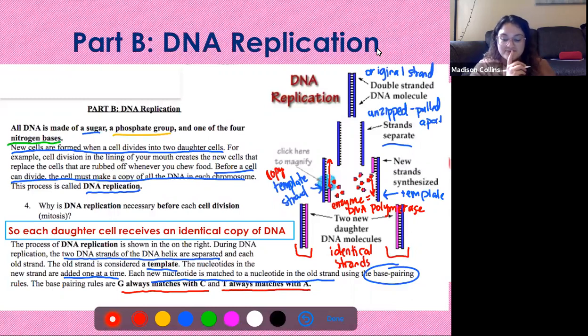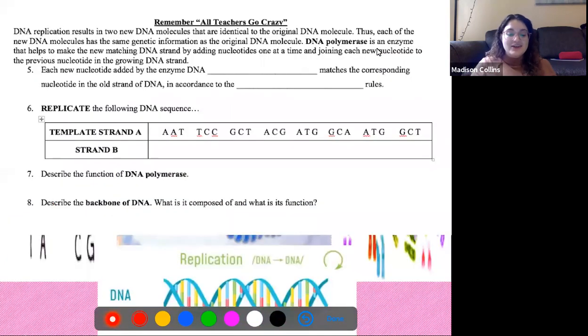All right. And we'll be talking more about this over the next few days. But we do need to know that DNA replication results in 2 new DNA molecules that are identical to the original DNA molecule. So each of the new DNA molecules has the same genetic information as that original DNA strand.